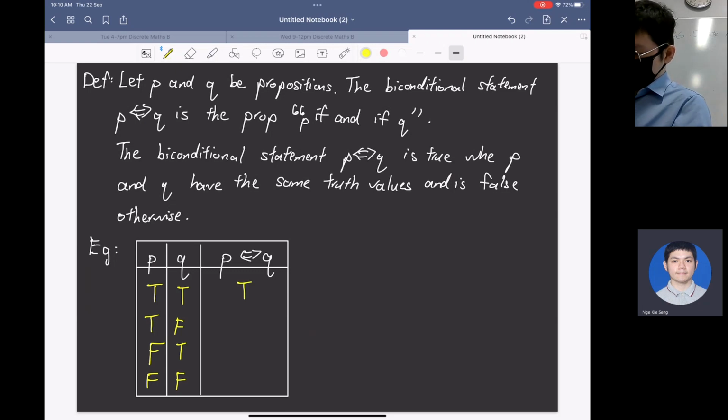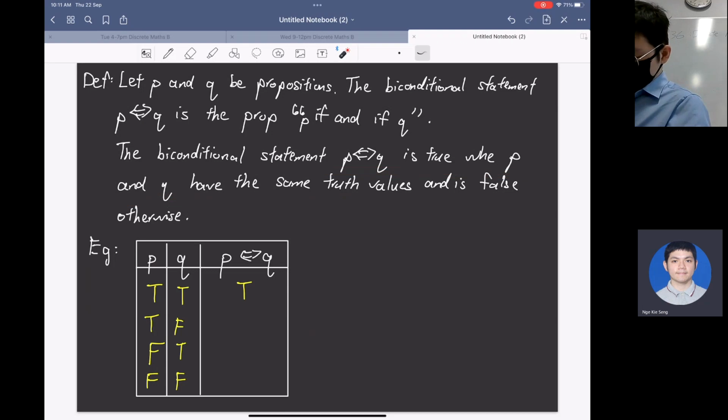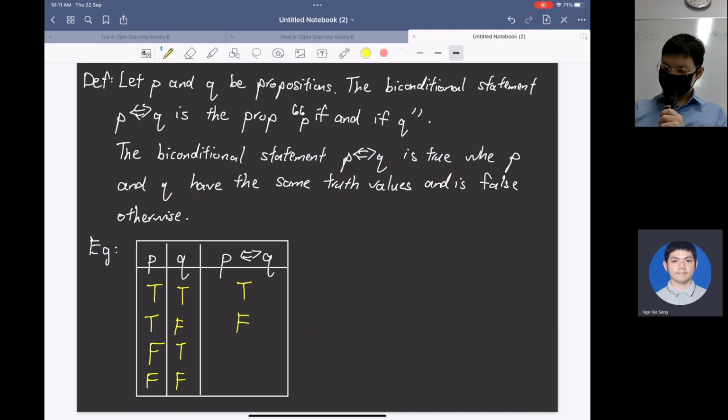True, right? Because by definition, it's true when both of them have the same truth value. True P and false Q, what do you get? False. False P and true Q, what do you get? False. False P, false Q, true, because you have the same truth value. Okay, can follow?